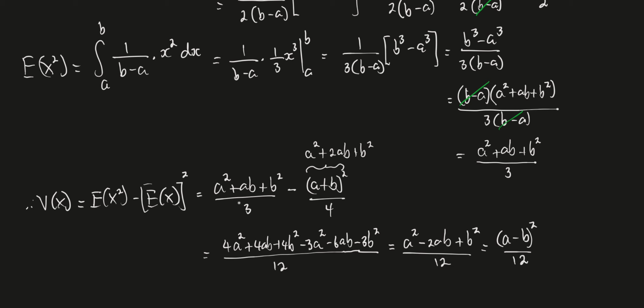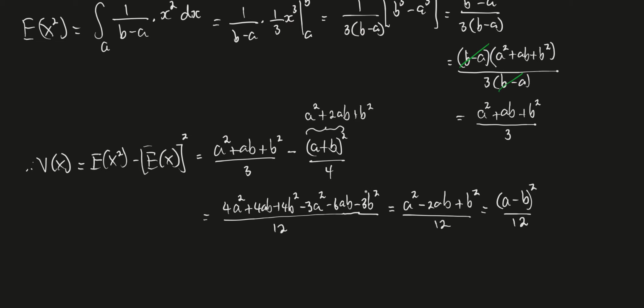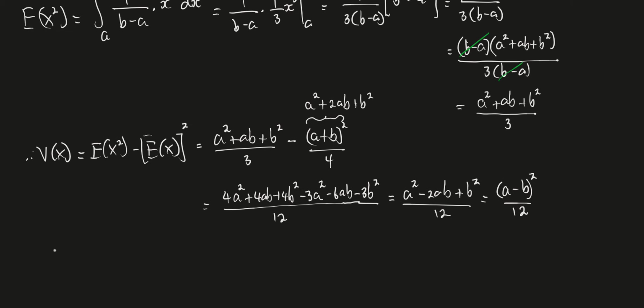And that's a formula that, again, we can use quite readily whenever we're asked to find the variance of a uniform distribution, right? So, summarizing, if x is uniform on the interval AB, I'm not going to restate the PDF.